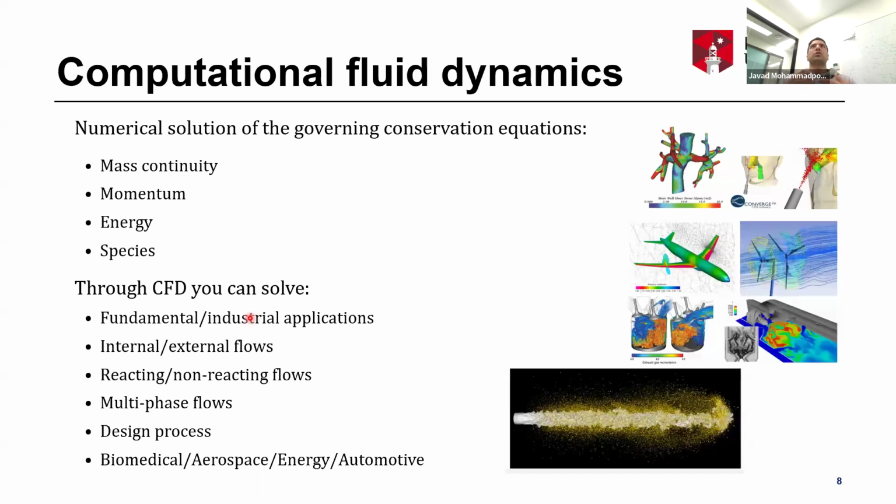So again, you need to understand and determine what the physics of your problem is, and based on that, consider the different governing equations and do some initial analysis of your cases.